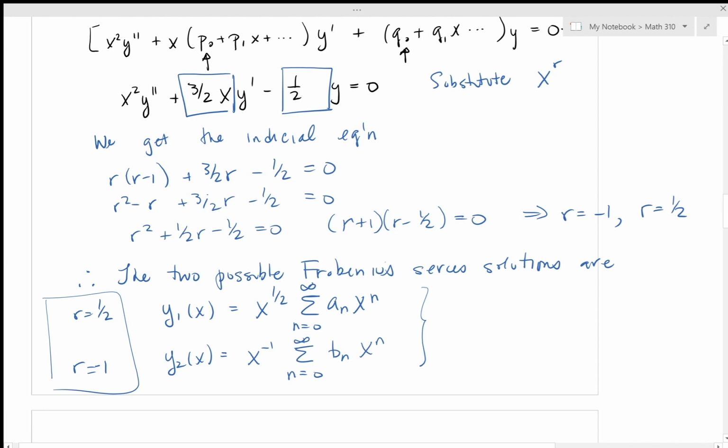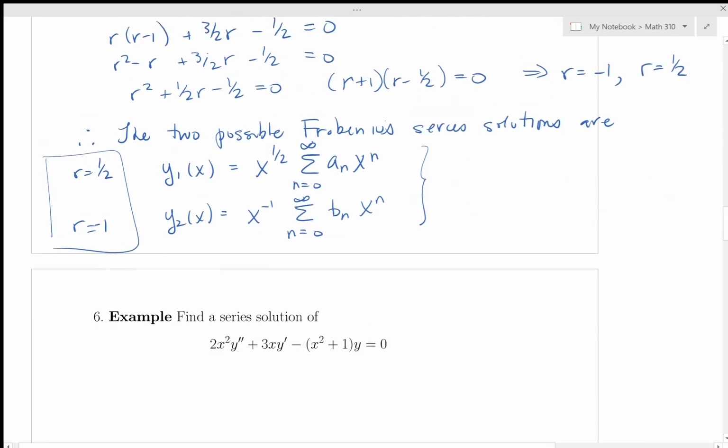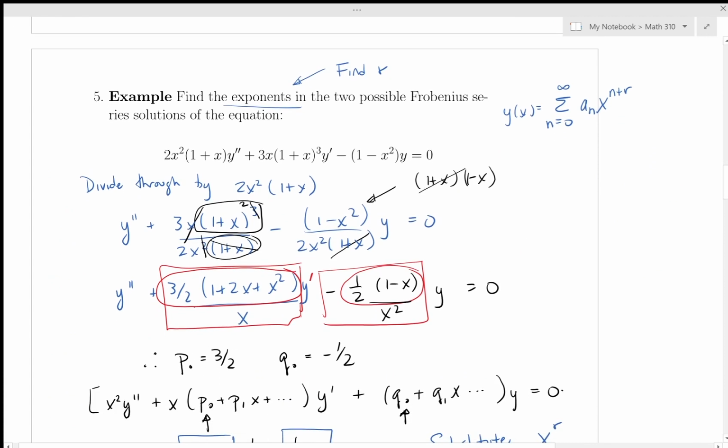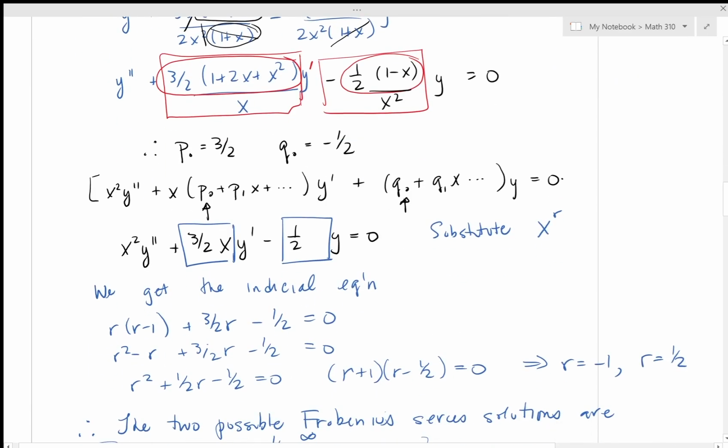Let's take a slightly simpler differential equation and go through the entire process of finding the full solutions. I'll draw your attention to the different question I posed here. Here I said find the exponents in the two possible Frobenius series solutions, which I have now done.